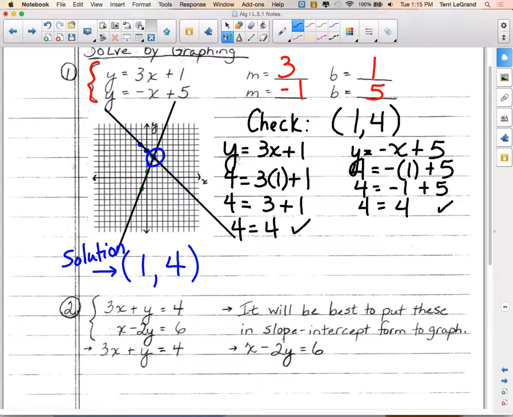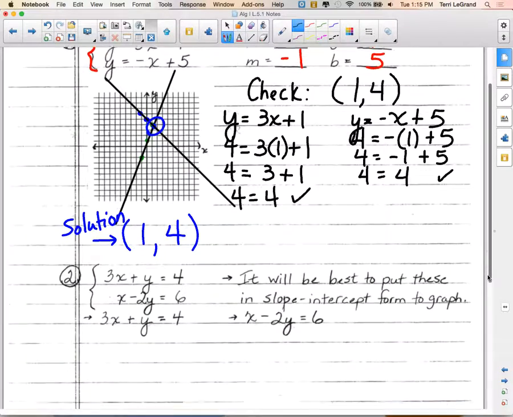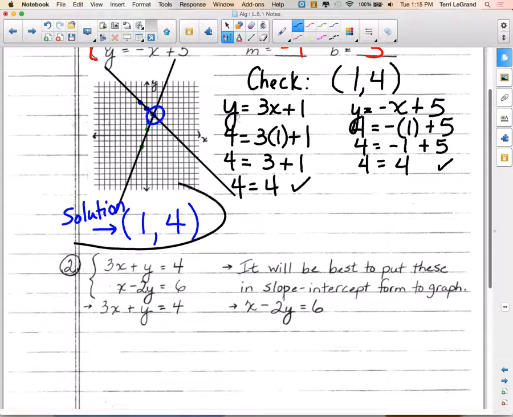Checks out. So we are going to be content to say this is the solution for that system. It's the 1 of something and the 4 of something else that makes both situations true. Any questions on that one?